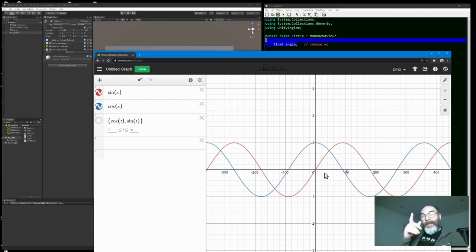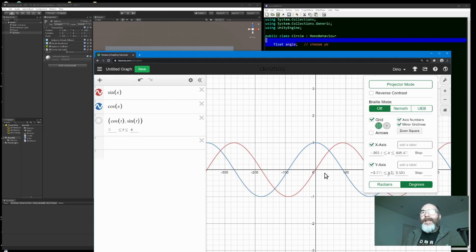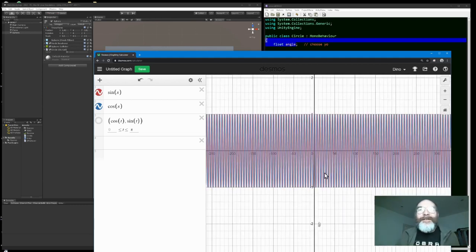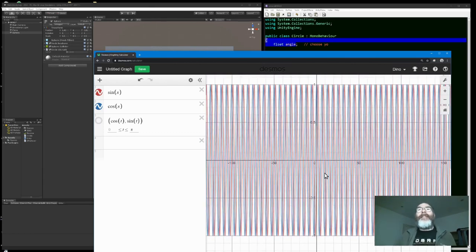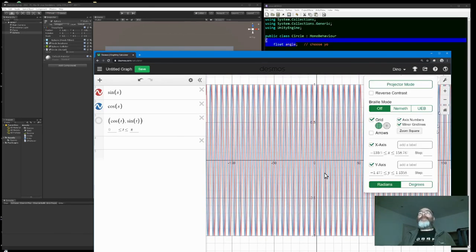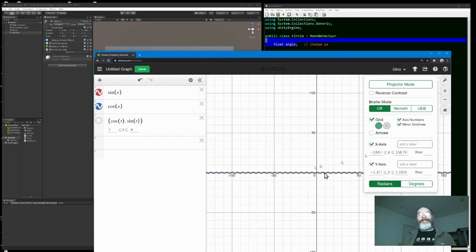But we don't use gradients. And we really don't want to use degrees, because this is just ugly. No, much better to switch back to radians. Oh my God, look at that. And then make the graph square again.